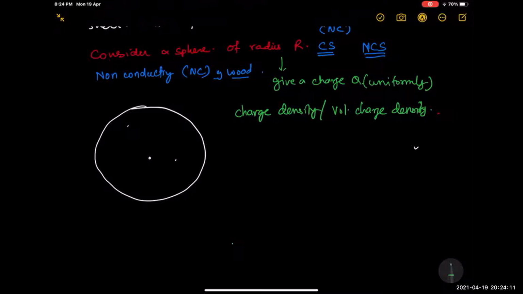Last two classes we have done that. So the linear charge density is lambda, the surface charge density was sigma, and the volume charge density is rho. Rho is charge per unit volume.